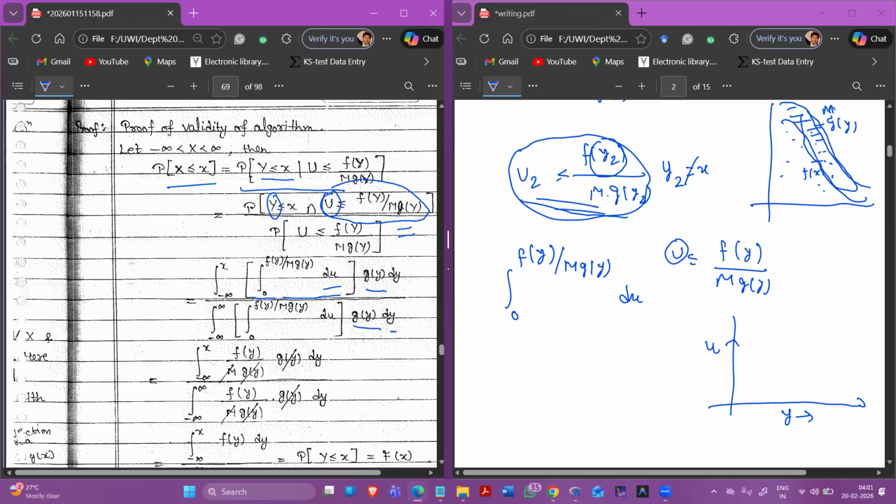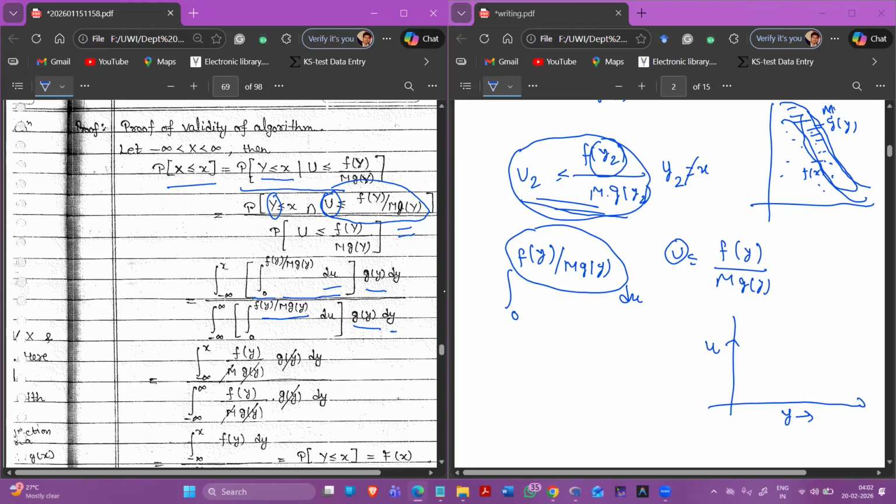Why are we writing the range of minus infinity to infinity here? Because again in the u we have y involved. Yes or no? So you need to check the probability at each value of y.